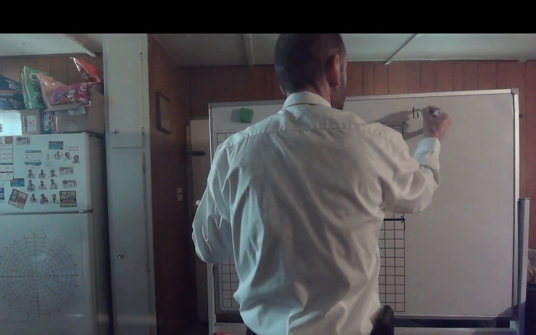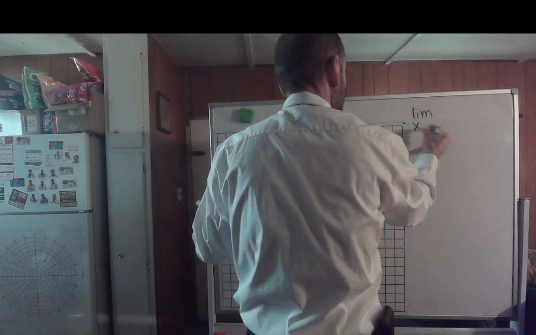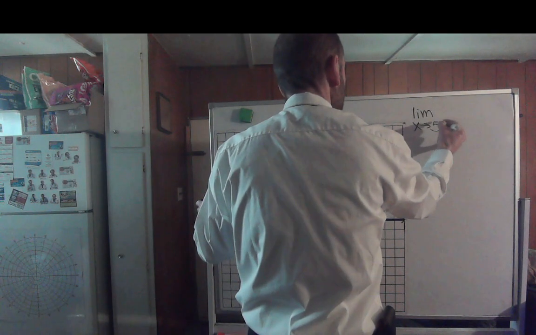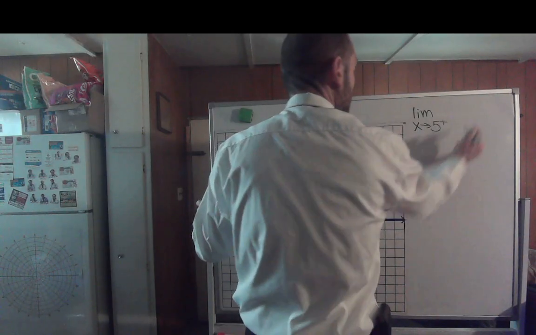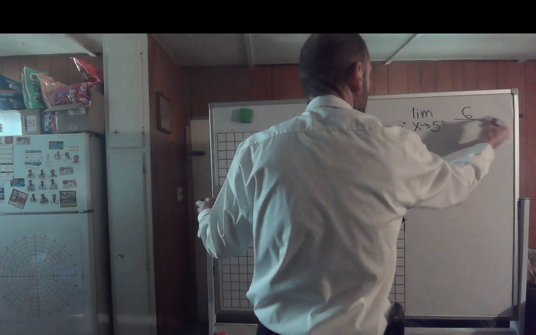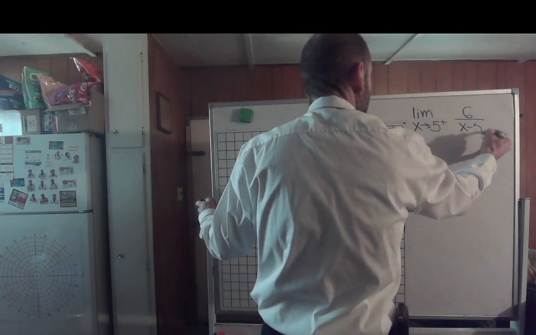So let's see. We're going to just take the right-handed limit. The limit as x approaches 5 from the right of 6 all over x minus 5.